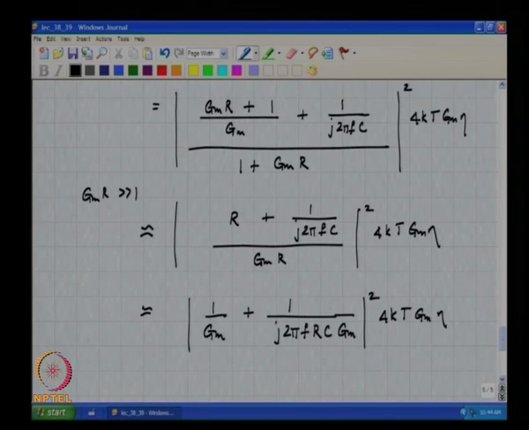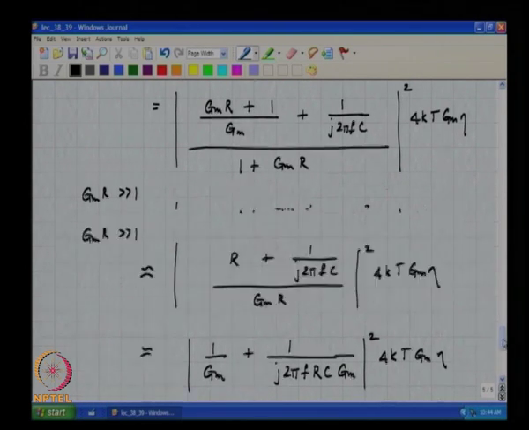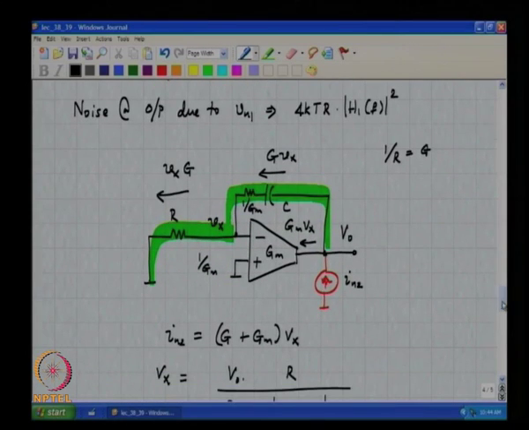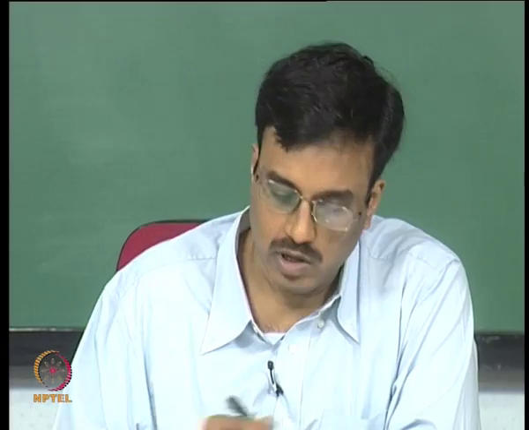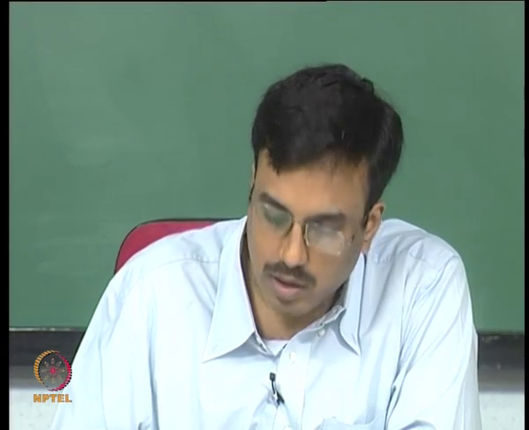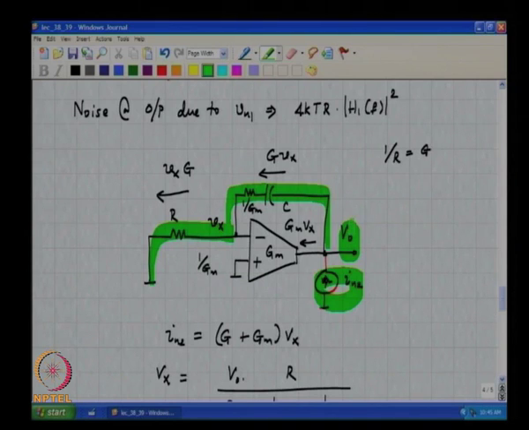Let us see the intuition behind this result. As frequency tends to infinity, what would you expect without doing all the math? The noise voltage here is basically this noise spectrum multiplied by the transfer function whole square.